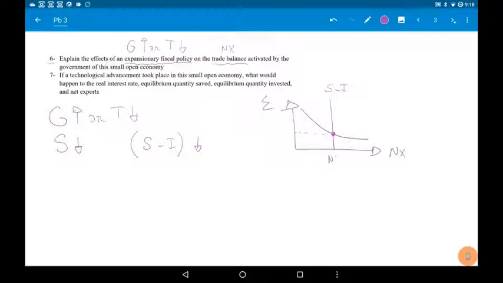We had a positive NX with this level of epsilon before the increase in government expenditures. When government expenditures increased, savings decreased, so S minus I will move to the left.